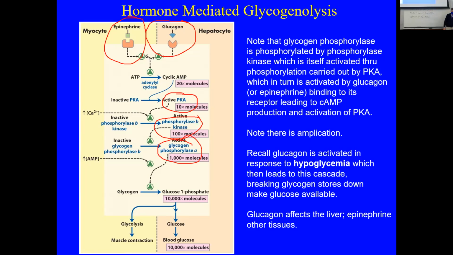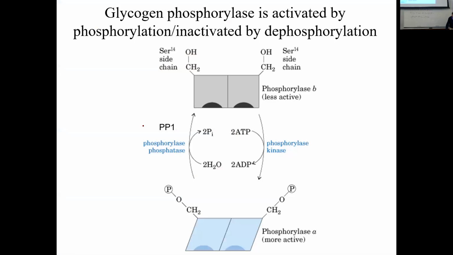Okay, so this is glycogen breakdown, activated by glucagon in the liver, epinephrine in the skeletal muscle. The process involves activation of PKA, phosphorylation of the enzyme phosphorylase kinase, which is going to phosphorylate and activate glycogen phosphorylase, leading to glycogen breakdown.